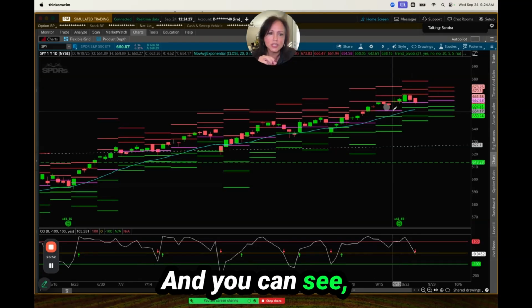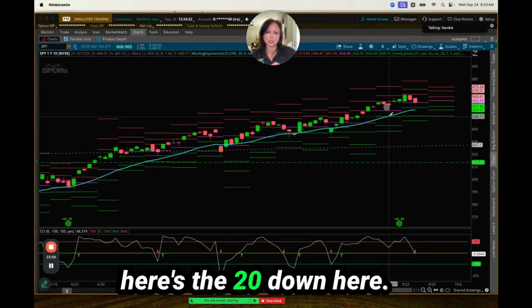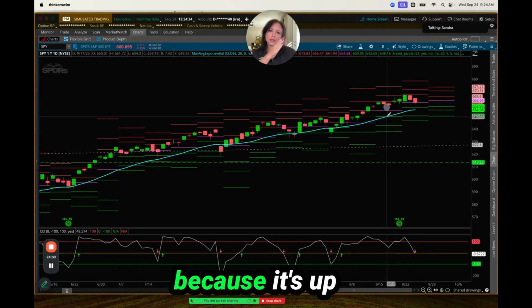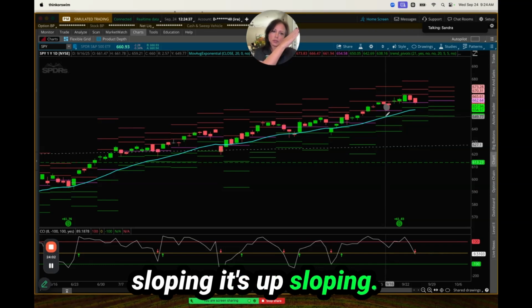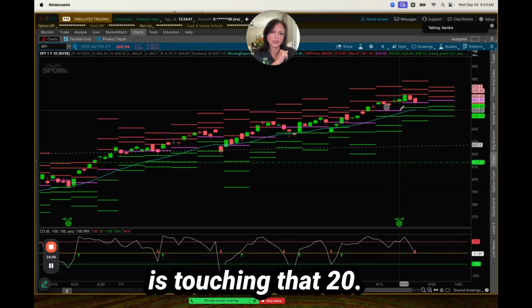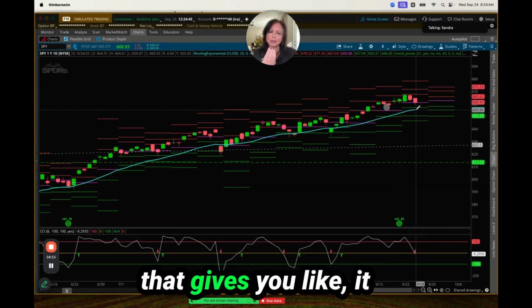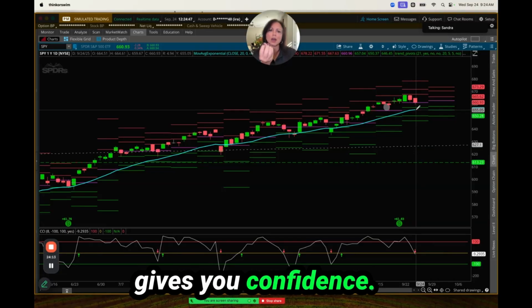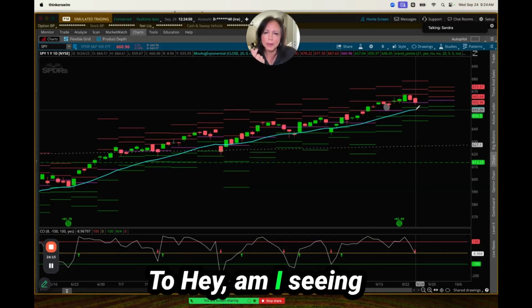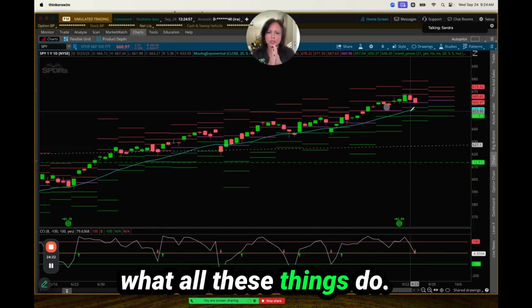And you can see visually when I looked at it, it didn't look like it was touching. Here's the 20 down here. But as you can see, because it's upsloping, when I put my cursor right there, look, it is touching that 20. I just love that supporting evidence. It gives you confidence to ask, hey, am I seeing this correctly? Yes, I'm seeing it correctly. That's what all these pieces do.